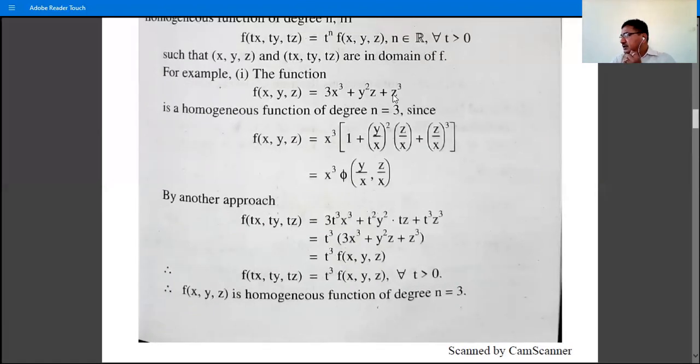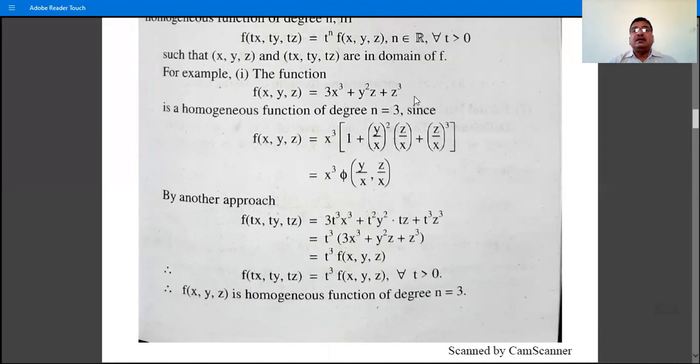This is a homogeneous function of degree 3 because there are 3 terms. If you observe the first term, the power of x is 3, power of y is 0, power of z is 0, and so addition of powers of x, y, z is 3. In the second term, power of x is 0, power of y is 2, power of z is 1, and therefore addition of powers of x, y, z is 3. In the last term, the addition of powers of x, y, z is 3.